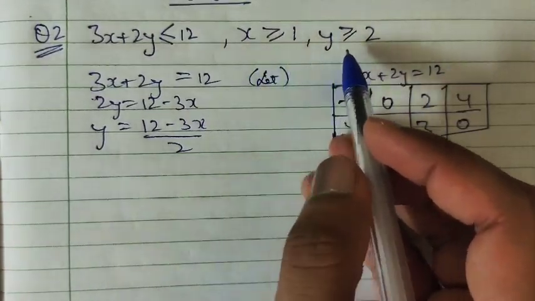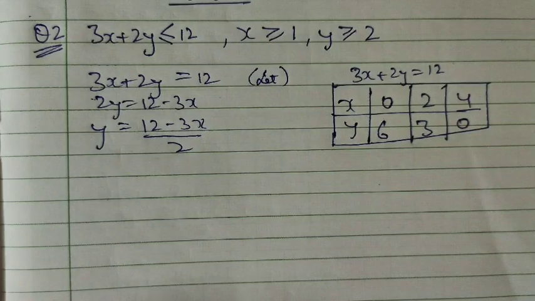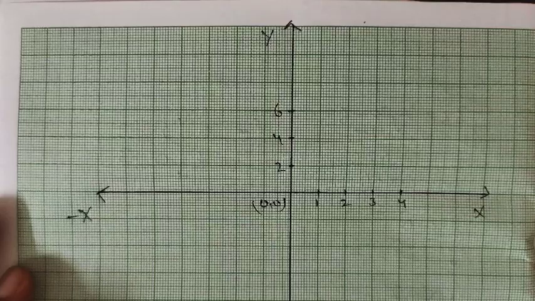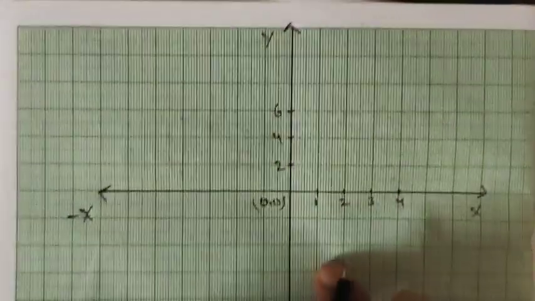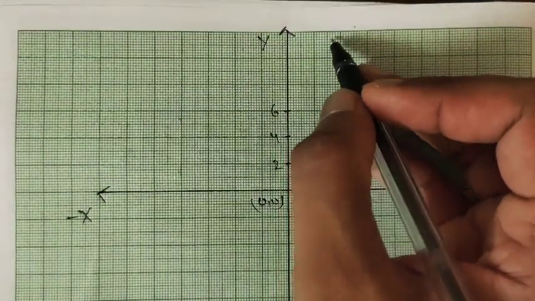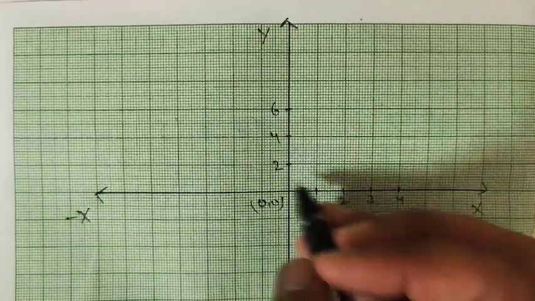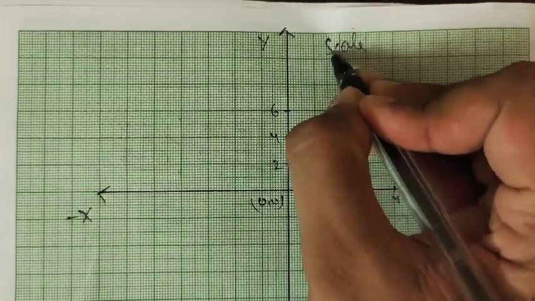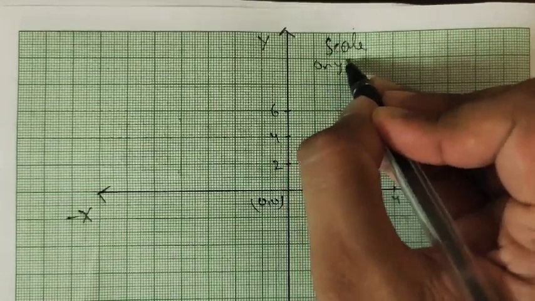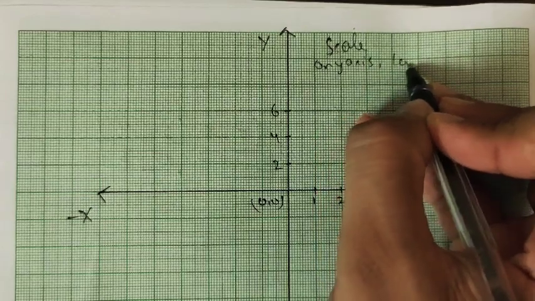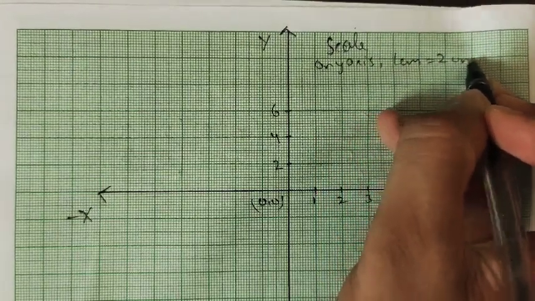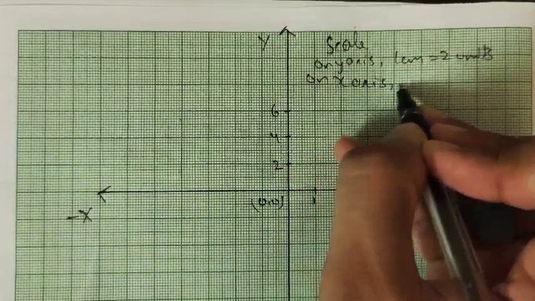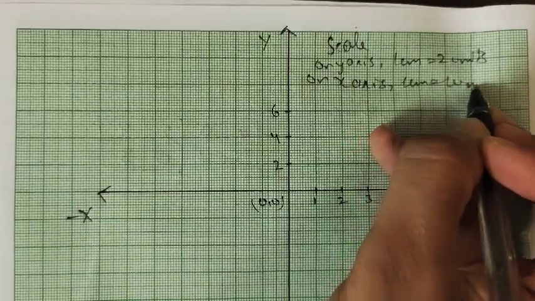x equal to 1 and y equal to 2 we can draw easily. So let's come to the graphical part. The scale we have taken on the y-axis is 1 centimeter equal to 2 units, and on the x-axis you can take a different scale also. 1 centimeter is equal to 1 unit.